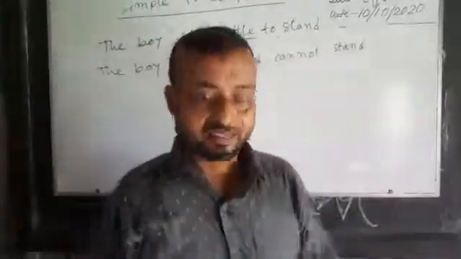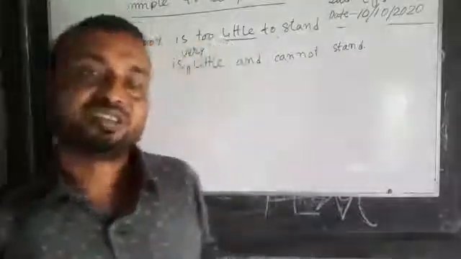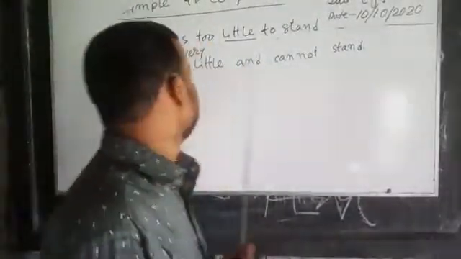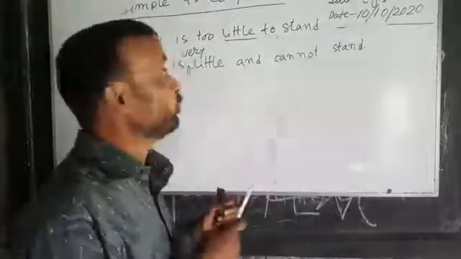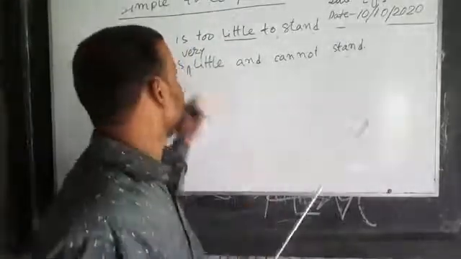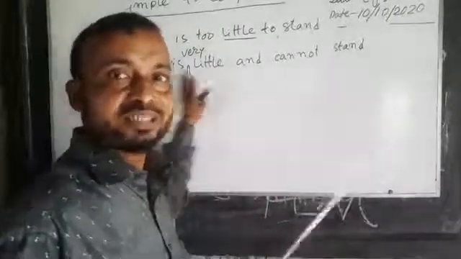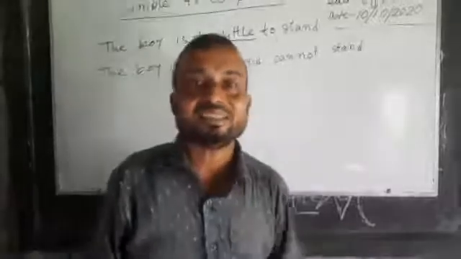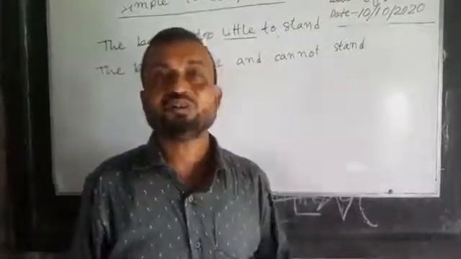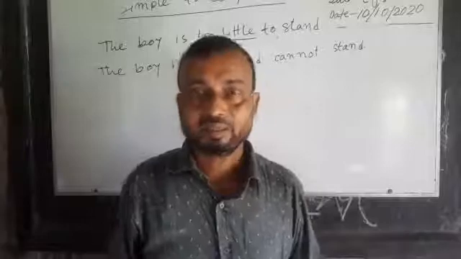Can I make you understand? My dear students, again follow. If the boy is not so very little, he could stand. But he is very little, so he cannot stand. This is the reality. And when the reality is similar, we have to use and.